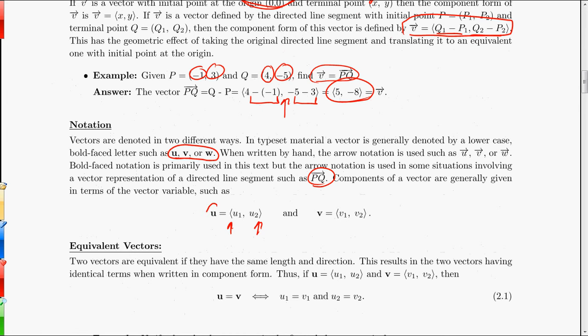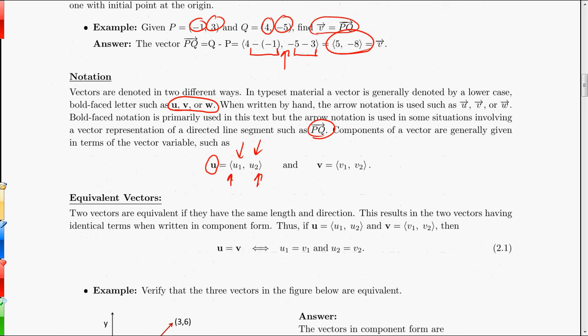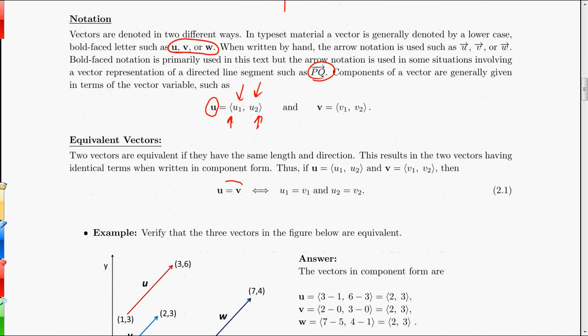And if I have a small boldface u denoting the vector u, then the terms in that vector will generally be the same letter, non-bold, with an index indicating whether it's the first, second, or possibly third term when we get to 3D. Okay, and so equivalent vectors mean they have the same terms. Each term is the same, right? There's no ambiguity. It's the same thing as equivalent vectors from Chapter 1.